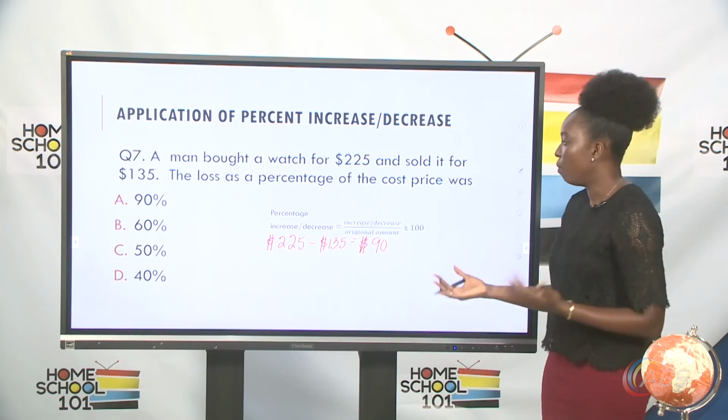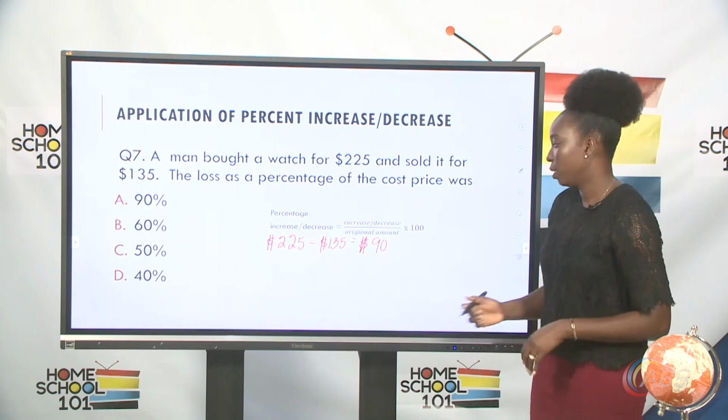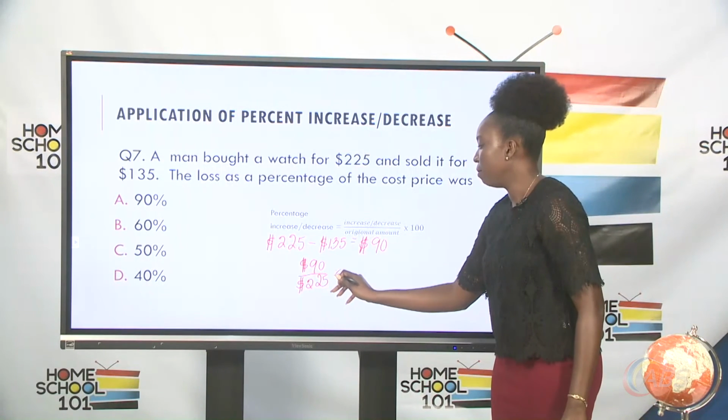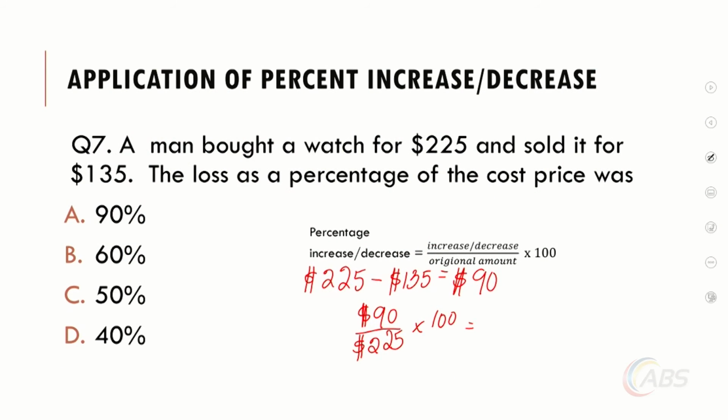And we have to ask ourselves, what is the original amount? The original amount is what the man bought the watch for. So we're going to put $90 over the original amount, which is 225. And if we multiply that by 100, we're going to change our answer into a percentage.